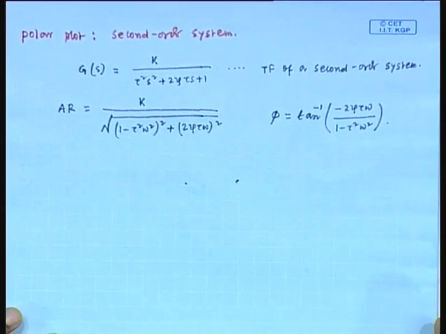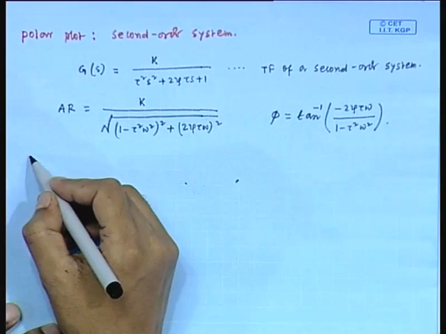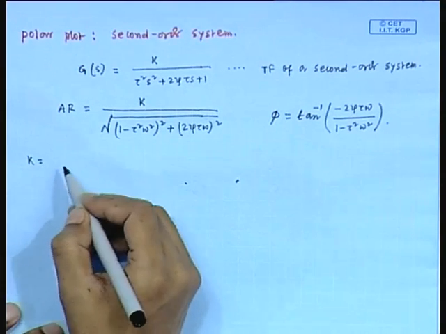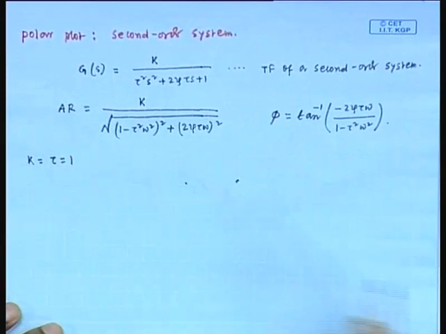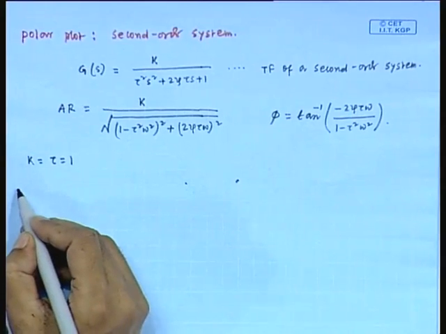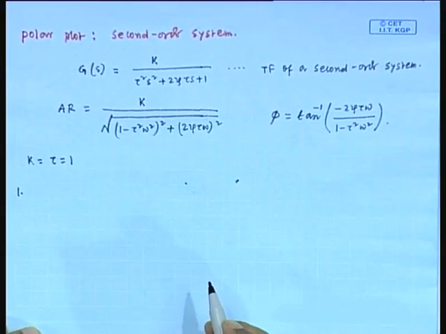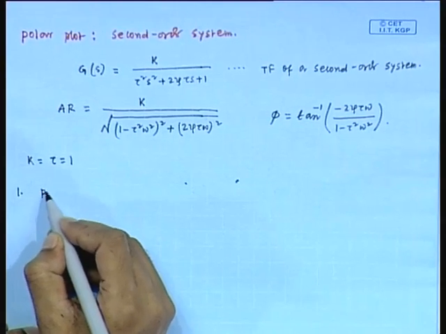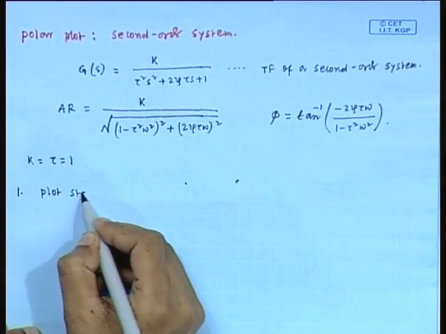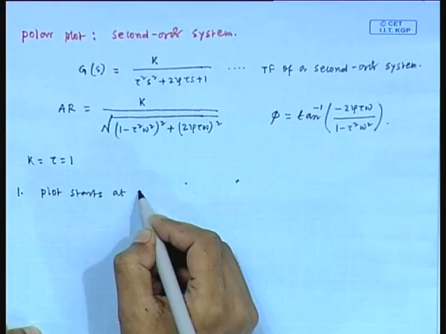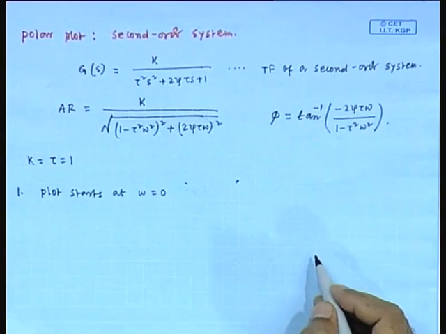Fine. Now, we will construct the polar plot, and for that we will consider k and tau both equal to 1, for simplicity. Now, the polar plot starts at omega equal to 0.